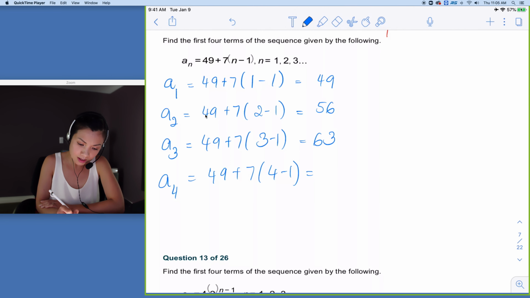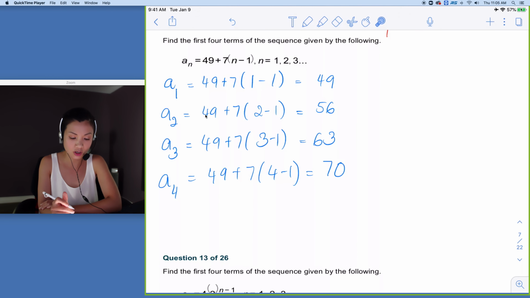And you can see that if we simply add 7 to the number, you should get the result. So we have 49 to 56, I add 7, I add 7. If I keep adding 7, I'm going to get the next term.